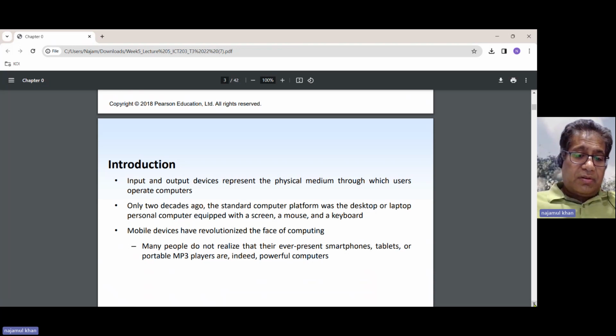Now, many people do not realize that their ever-present smartphones, tablets, or portable players are indeed powerful computers, and this is true. A lot of people don't even use them as computers, but they can be used if you know how. A lot of people don't try, maybe because they think the screen is too small to type on. But once they get used to it and get involved, they can effectively use those small screens as powerful computing for whatever their needs are.